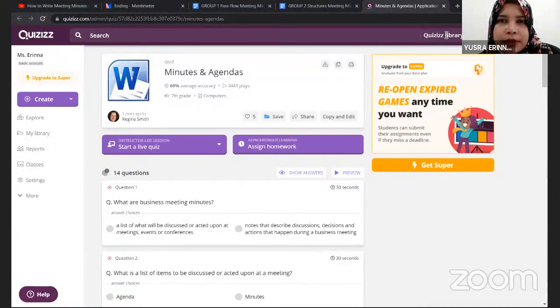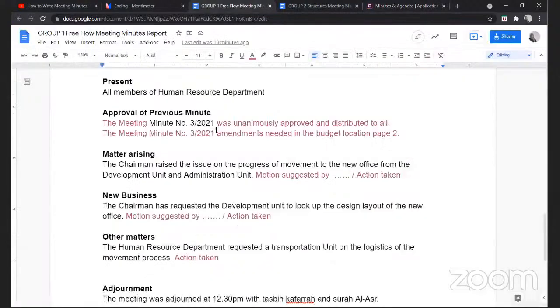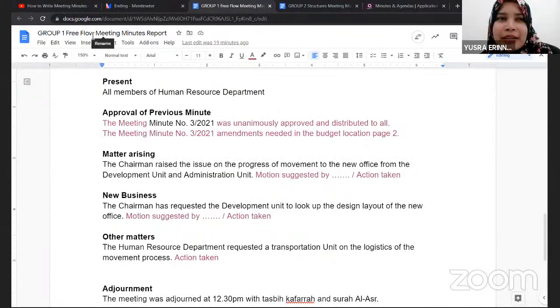Okay, we come back here. In free flow, it's better to jot down their names, especially if they are coming up with something new. But if it is just supporting or not supporting, then it's okay to use members declined, or members seconded that motion.